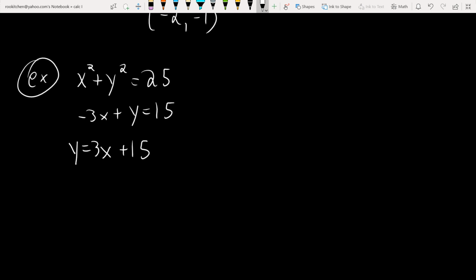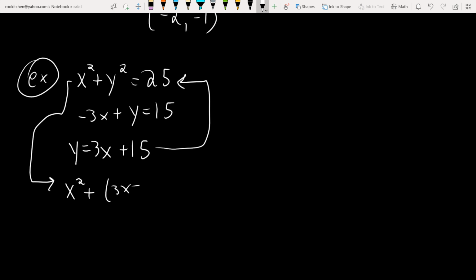Then I'm going to substitute that into the equation of the circle. So I have x squared plus (3x plus 15) squared equals 25. So that's x squared. I have to FOIL. 9x squared plus 45x plus 45x is 90x.